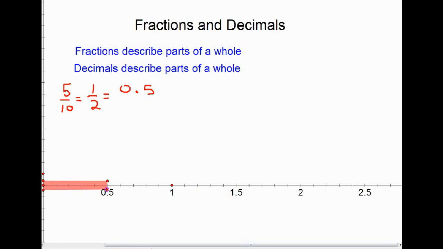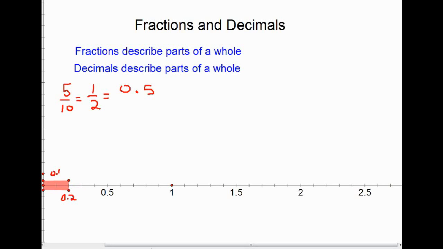Well, if I take that shaded piece and suppose I, instead of making it half of the whole that's there, I just draw it so it's that much of the whole. Well, as we saw before when we were counting in tenths, which is what we have here, the first one there is 0.1, and then I have 0.2.